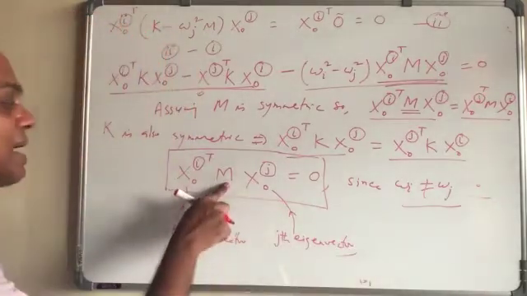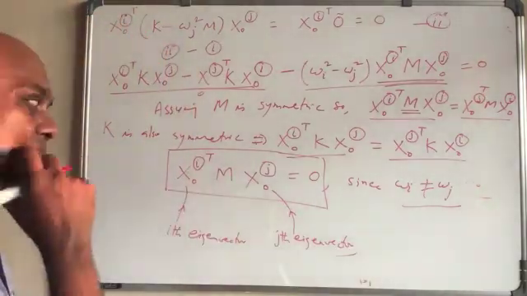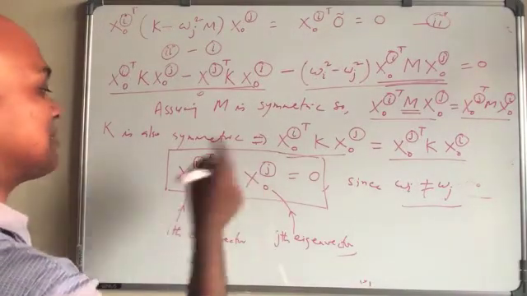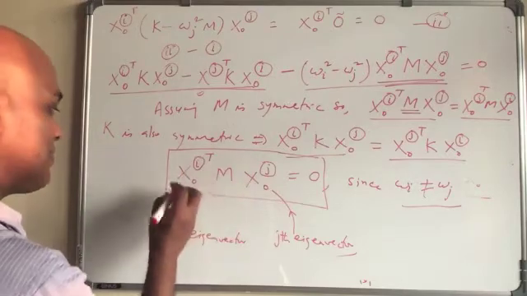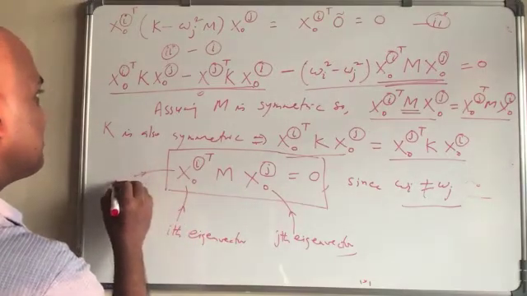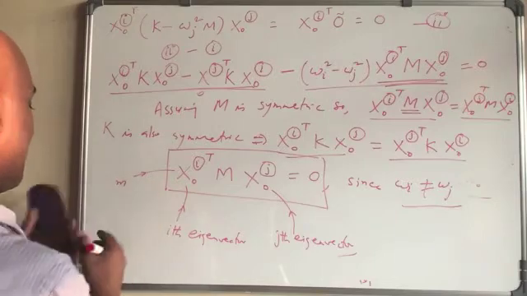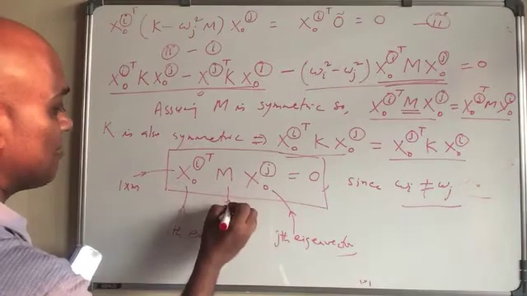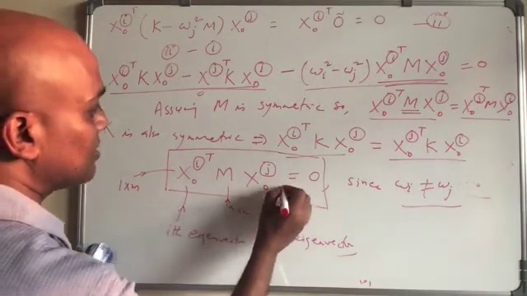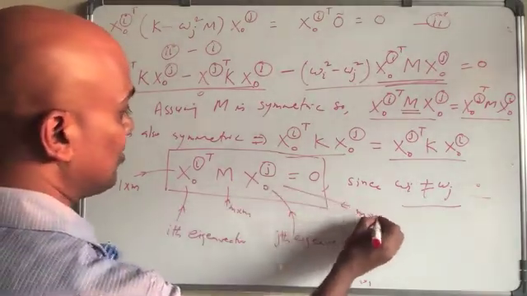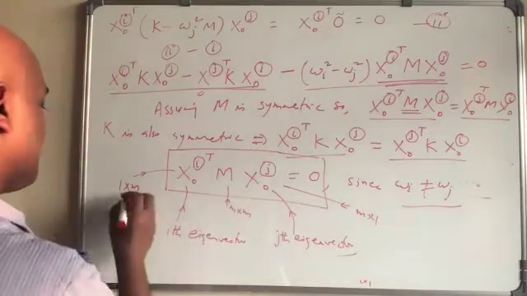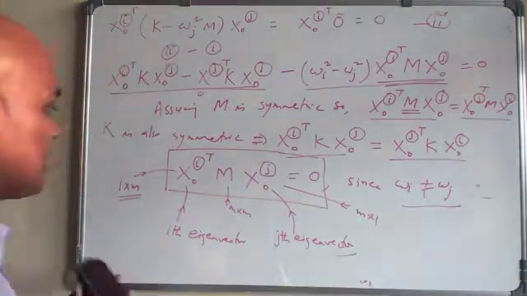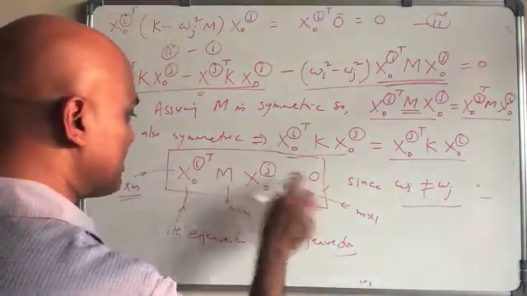And if you multiply with the mass matrix, one comes before and the other comes after, such that this is 1 by n, this is the n by n matrix, and this one is n by 1. So in total, this makes a scalar. So what we see here is this equal to 0.